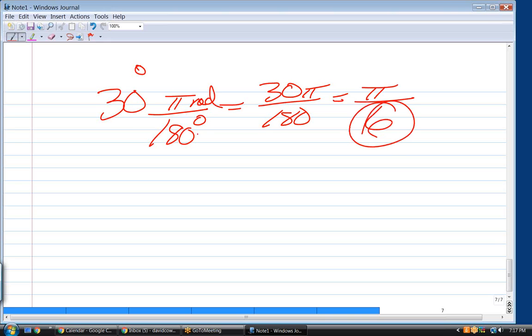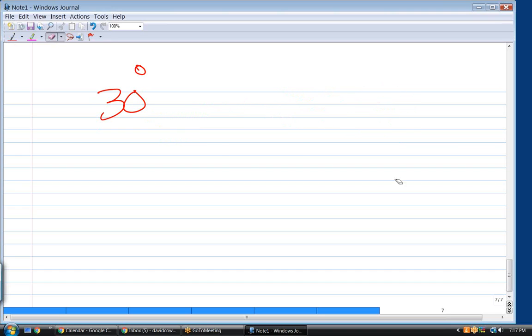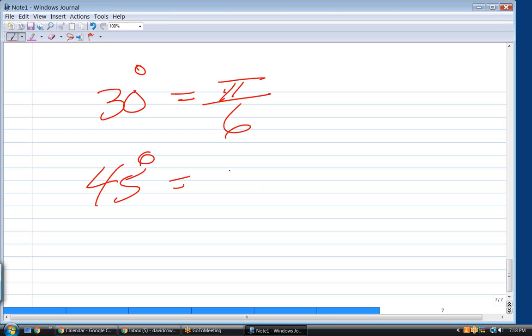But remember what I taught you, that the quick way is to figure out that it's either pi over 3, pi over 6, or pi over 4. Well, it's got to be pi over 6. What's this one? That would be 45 pi over 180, which is pi over 4. Okay.